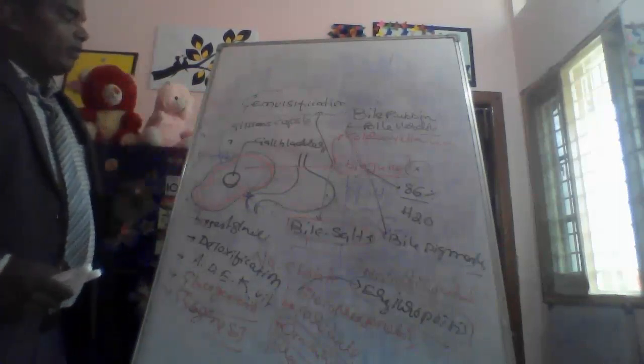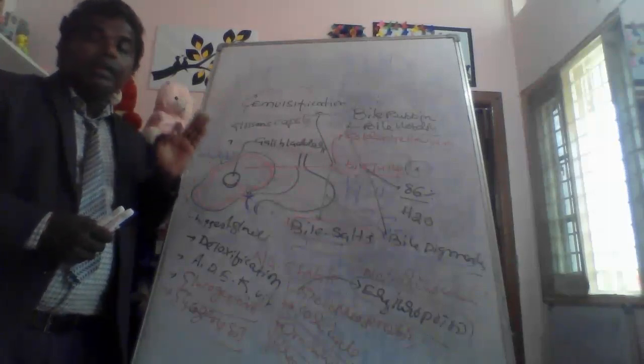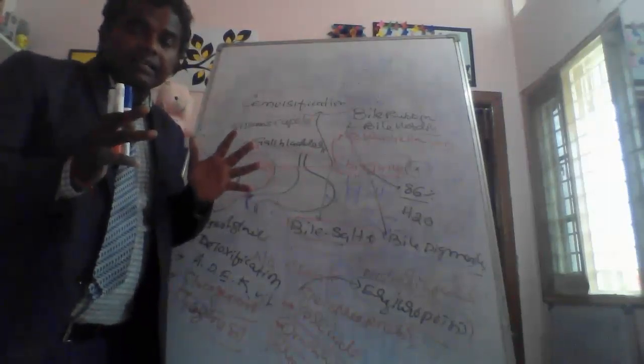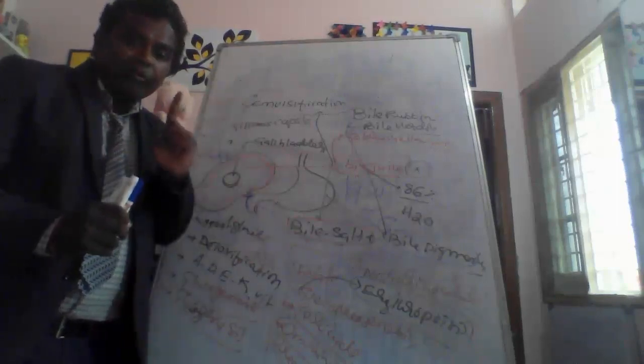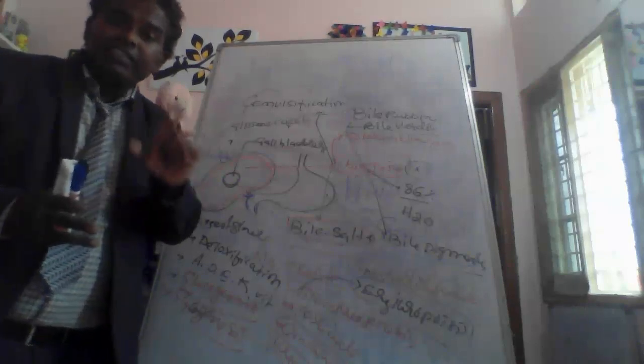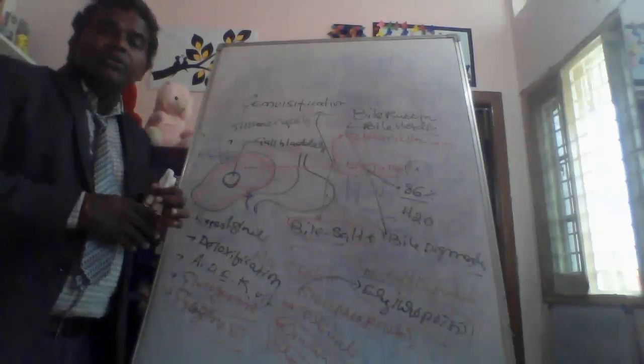Okay, number 1 point: what is the location of the liver? The liver is the biggest gland. Number 1 point: the liver is located on the right side, attached to the duodenum with the bile duct.